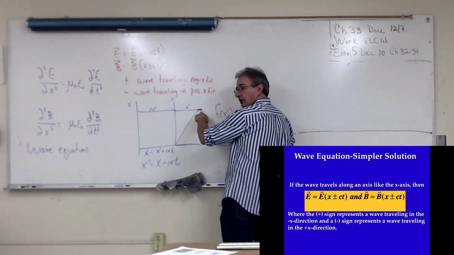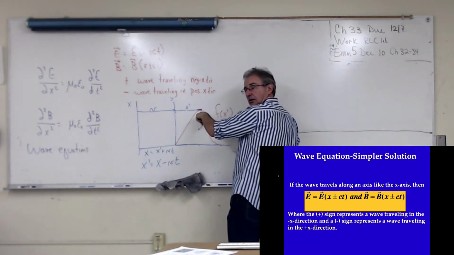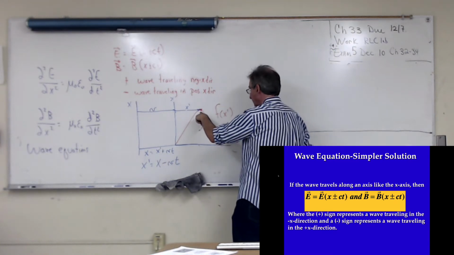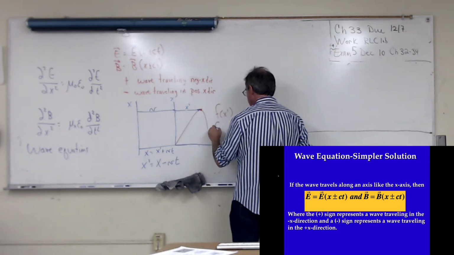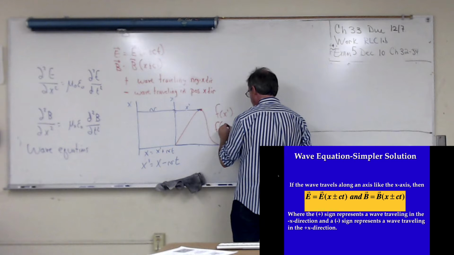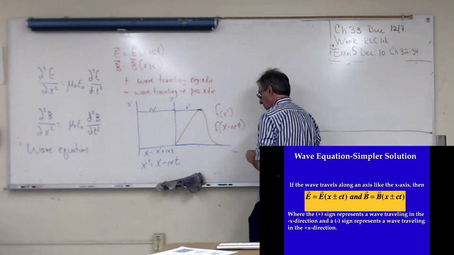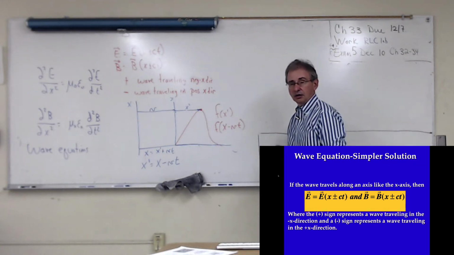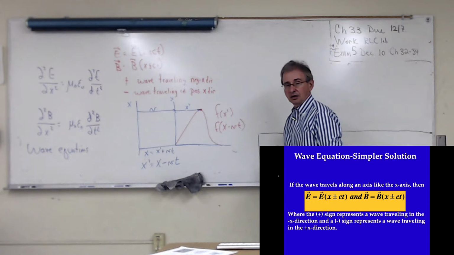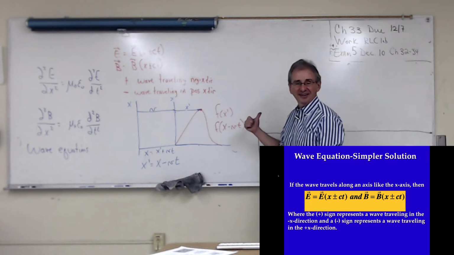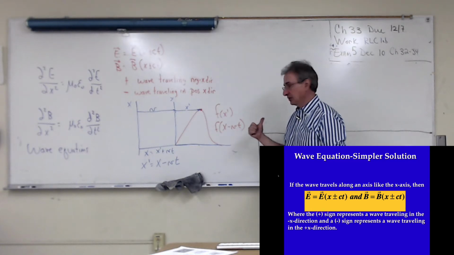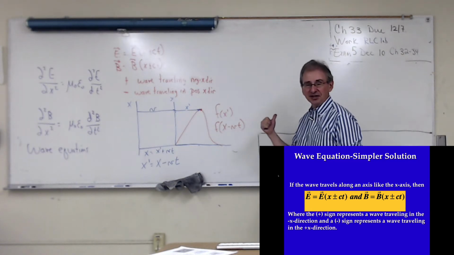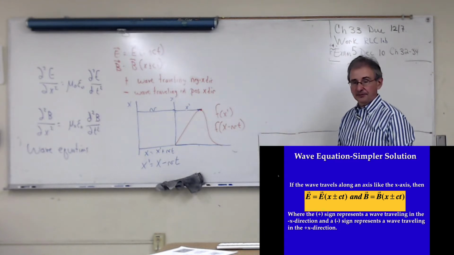This location is some function of x prime, right? But if I were to write it in terms of this person's coordinates, isn't it true that this is going to be x minus vt? Isn't it traveling to the right? Yeah. So the minus sign means it's traveling in the positive x direction. That makes sense, yeah. Okay.